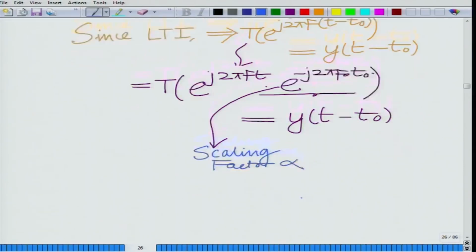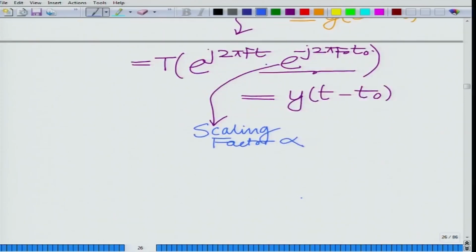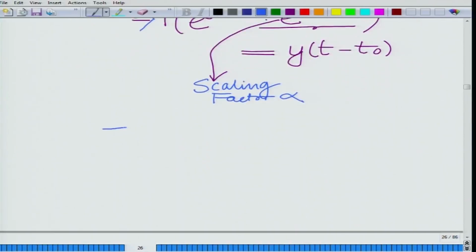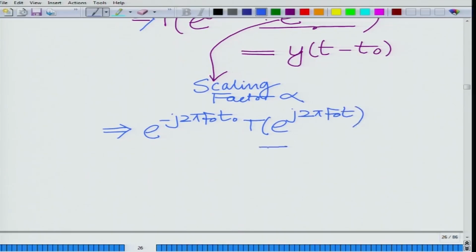So, using homogeneity from LTI, this implies e to the power of minus j 2 pi f naught t naught times T of e to the power of j 2 pi f naught t equals y of t minus t naught.